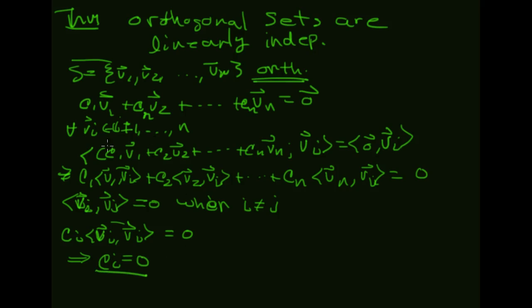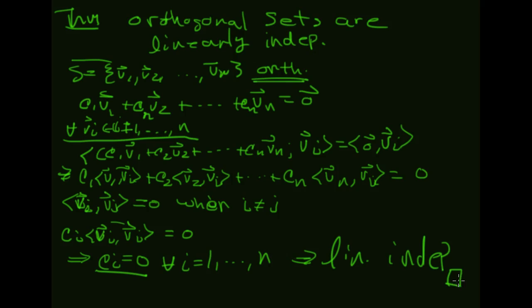But ci was chosen arbitrarily, so this would have to work for all i equaling 1 to n, which means all the coefficients have to be 0, which ultimately means that S is linearly independent by definition. So there's the proof of that statement. All orthogonal sets are linearly independent.